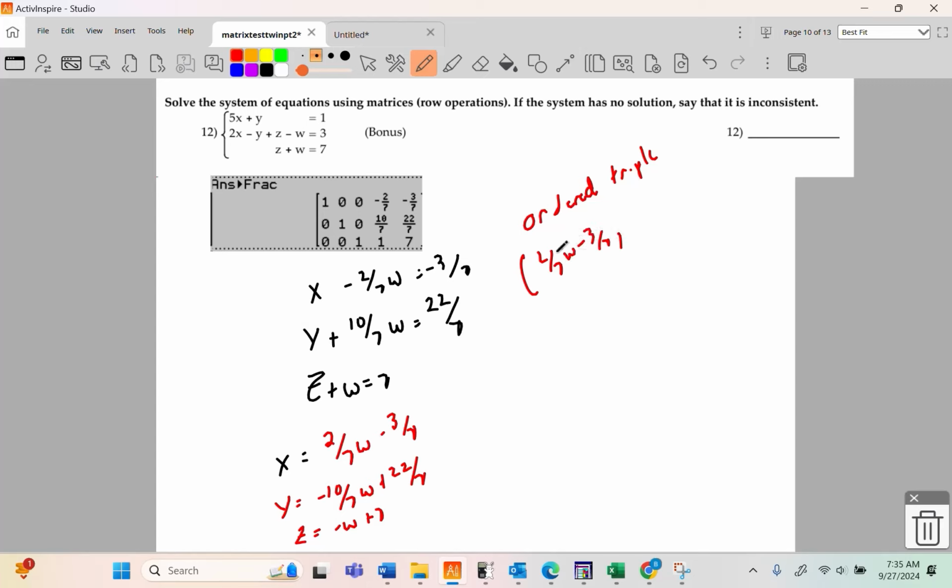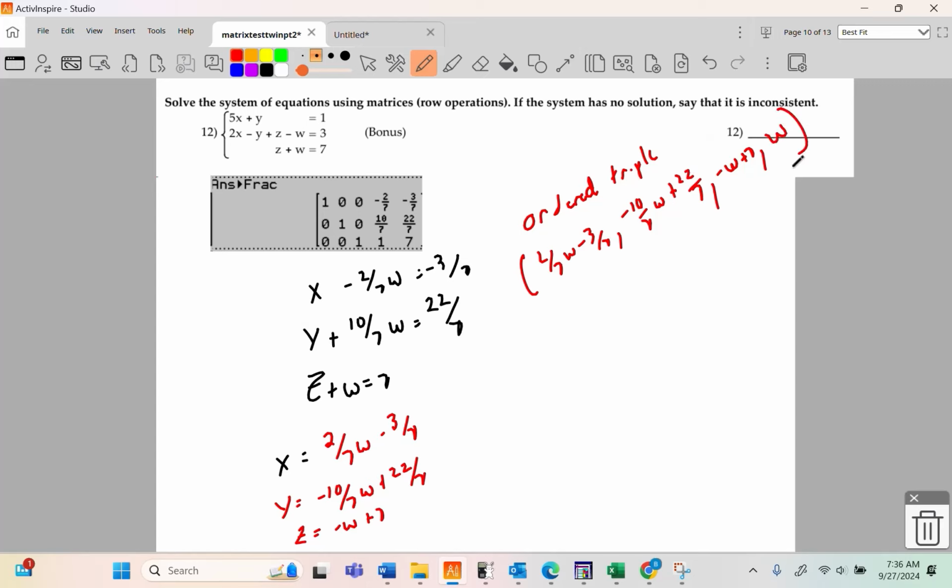It's followed by y, -10/7 of w plus 22/7. It's followed by z, which is -w plus 7. Then it's followed by the variable that everything x, y, and z depended on, w.